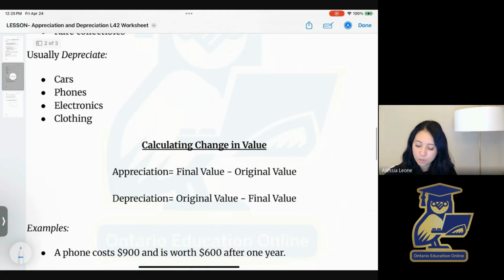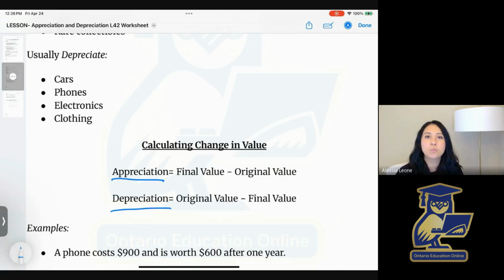So when we calculate change in value, we're looking at appreciation and depreciation here. To find how much something appreciated, how much something went up, we're going to take the final value and then we're going to subtract the original value.